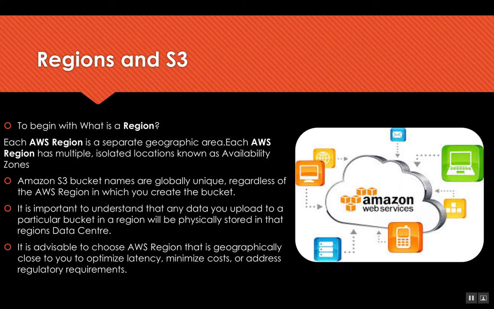So for example, in your account, if you're going to make a bucket name as example.jpg, that is not going to work. That is not going to work because example is a very common term, and somebody might have made it globally somewhere else. So that is not going to take any duplicates.